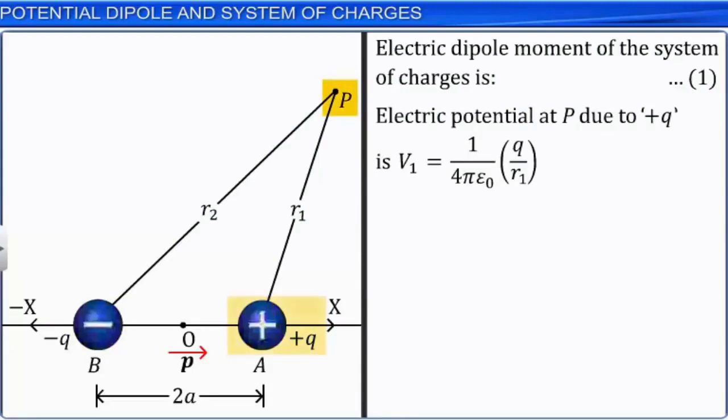V1 is equal to 1 by 4 pi epsilon naught into Q by R1.